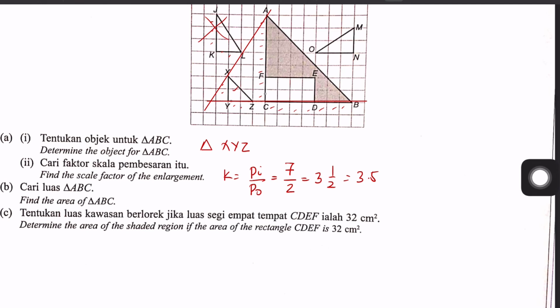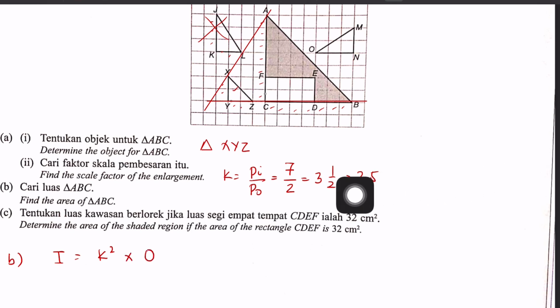Next, find the area of ABC. Remember the formula, I equals K squared times O. Triangle ABC is the image, right? So we have K squared, so 3.5 squared times the object.